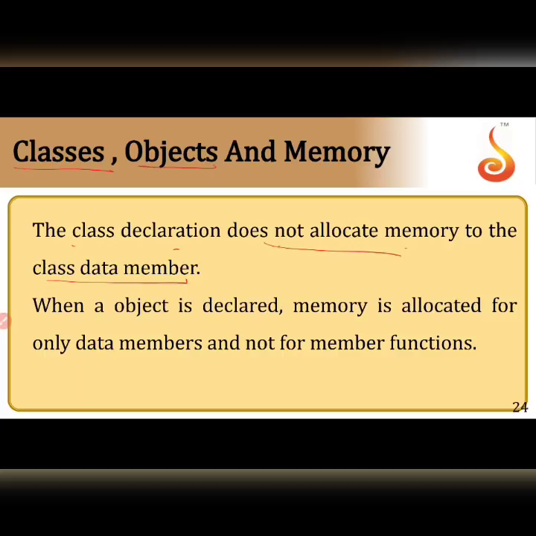Only when I declare an object, that is, when I create an object for the class, memory would be allocated to the class. And memory is always, I think I said this in the last class also, allocated only for the data members, not for the member functions.